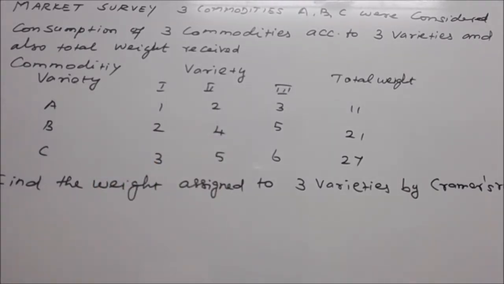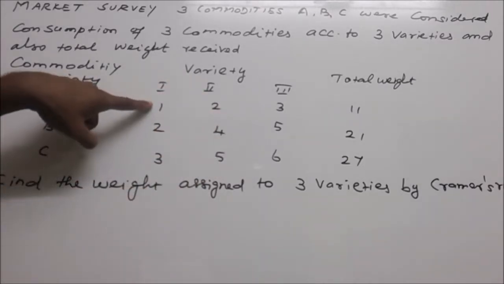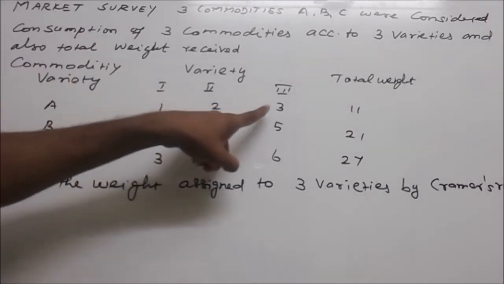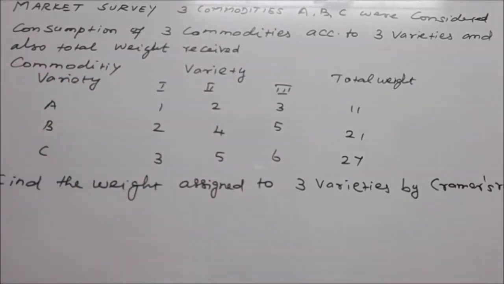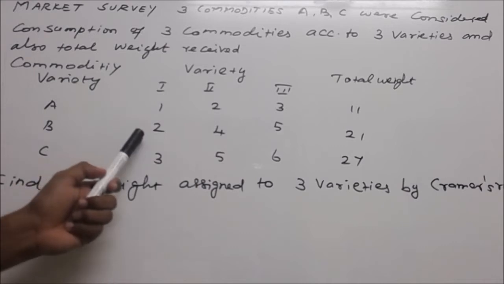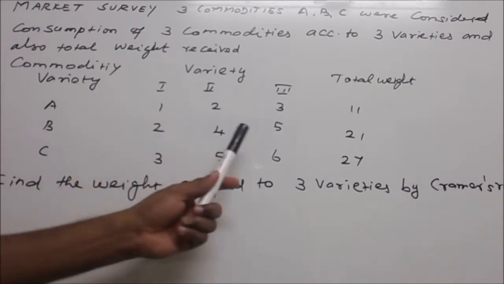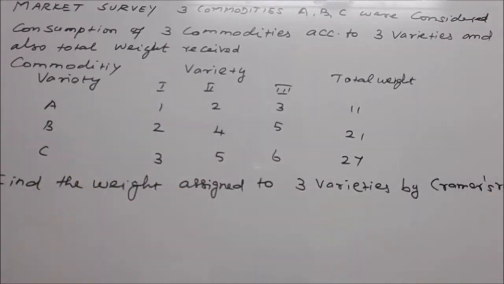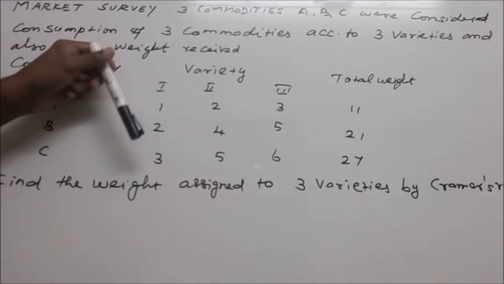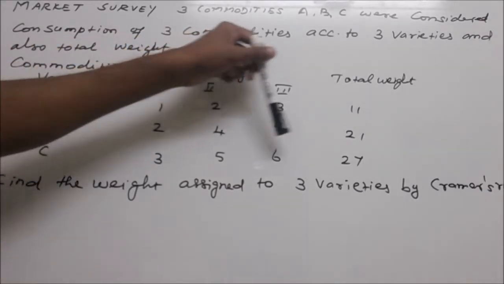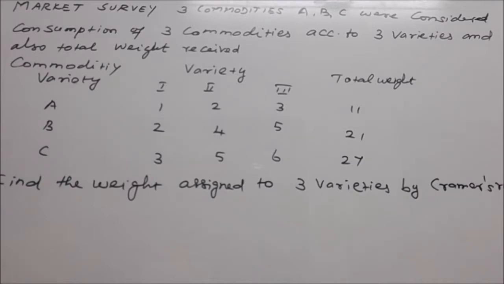Now we can form 3 equations by using the data. 1x plus 2y plus 3z equal to 11 total weight. Then 2x plus 4y plus 5z equal to 21. And 3x plus 5y plus 6z equal to 27. There are 3 equations formed by using the given data.